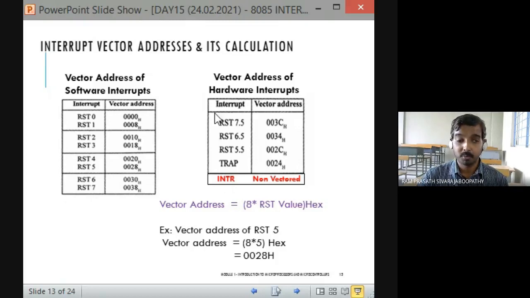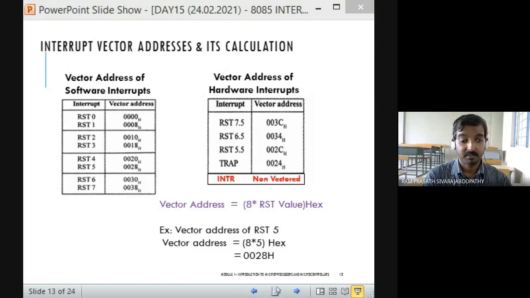The opcode for the call instruction is CD. So what does it mean? During the first INTA bar, the device has to give the opcode CD to the microprocessor. Correct? That's not the end. After call, what has to be given?